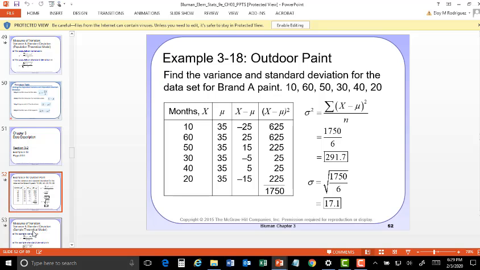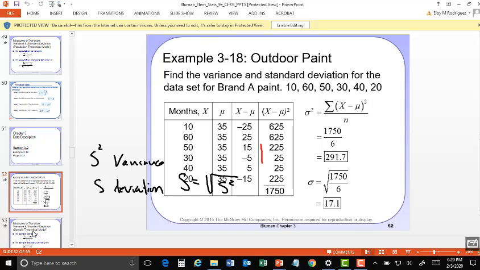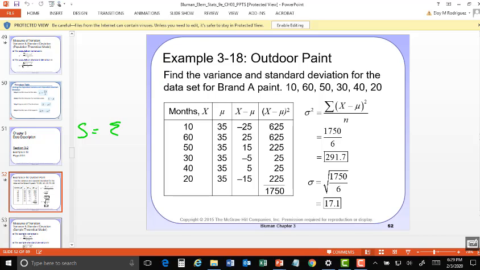Do you remember, when we were doing S, the sample deviation, we were taking the summation of every observation x of i and subtracting its average, x bar.